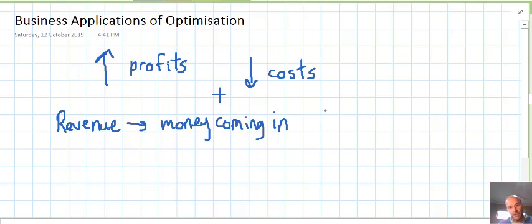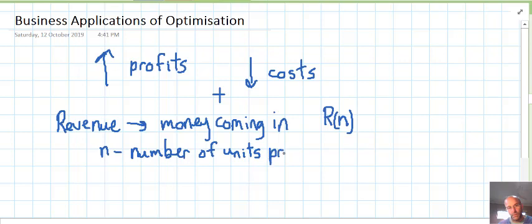Now we can use that as a function, and if you're selling n units, where n is a variable, it would be called R of n. So R of n is the function based on the number of units sold. Here n is the number of units produced, and we're assuming the units produced equal the units sold.